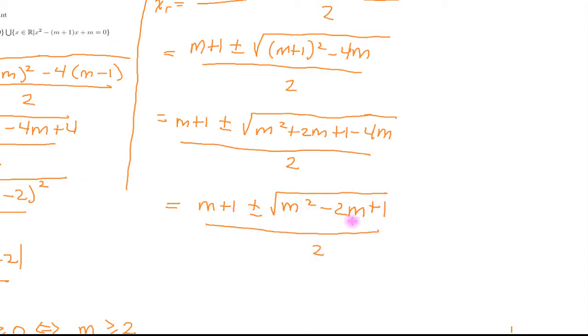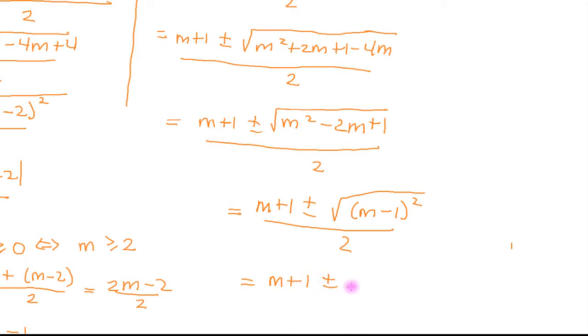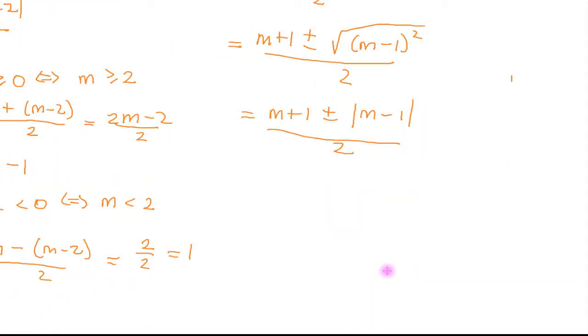And m squared minus 2m plus 1, like in the other polynomial, factorizes into a perfect square as well. So this becomes m plus 1 plus or minus square root of m minus 1 squared over 2. And again, that's equal to m plus 1 plus or minus absolute value of m minus 1, over 2. Okay? So let's do the same procedure.